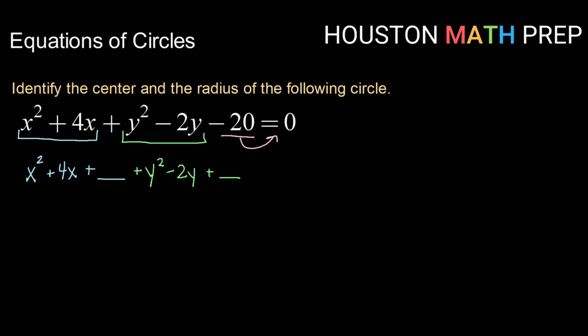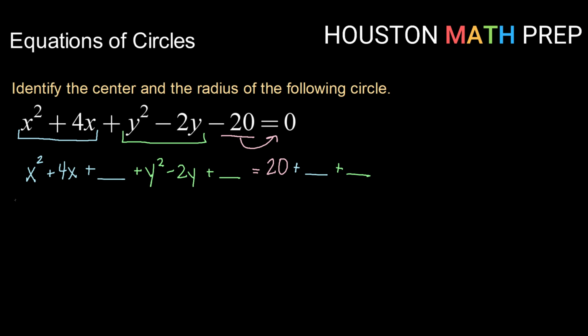And when I move that minus 20 over to the other side, I do so by adding, and so I get a positive 20. Now remember, when we're working with equations, if I add something to the left side, I also have to add it to the right side. So I'm going to go ahead and set up plus blank and plus blank so that everything I add to the left will also be added to the right.